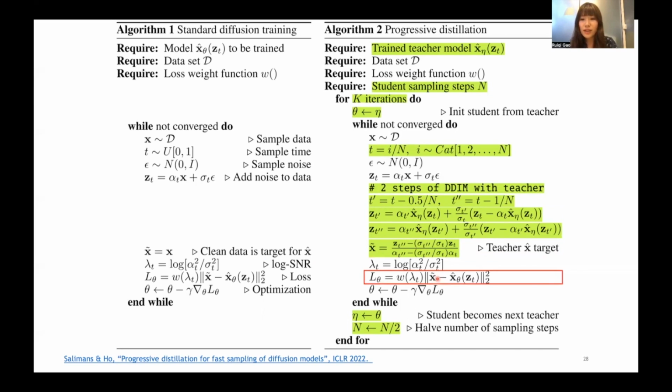And then the loss is defined as usual, where we minimize the L2 distance between this target and the predicted x hat from this student model. And after that, we halve the number of sampling steps and repeat this process until we reach 1 sampling step.